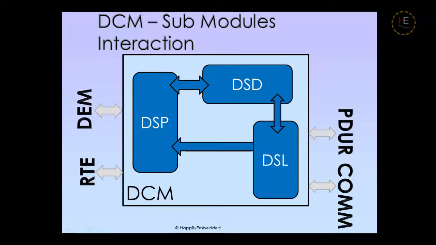So if the subfunction is not supported, then it will send the corresponding negative response code. Also, it acquires data from the diagnostic event manager and software components and assembles the response corresponding to the diagnostic request. So these are the functionalities and the interactions between the DCM submodules.